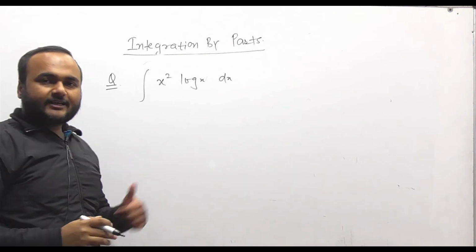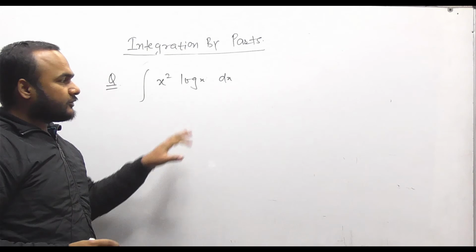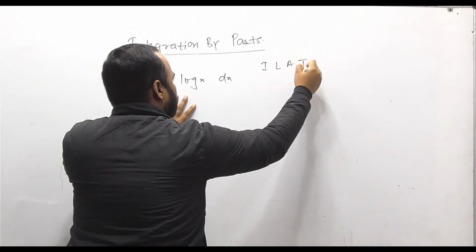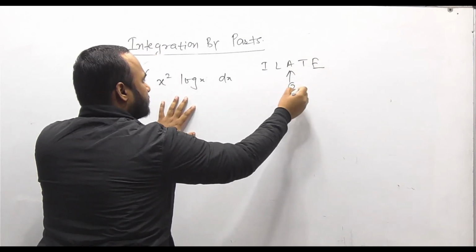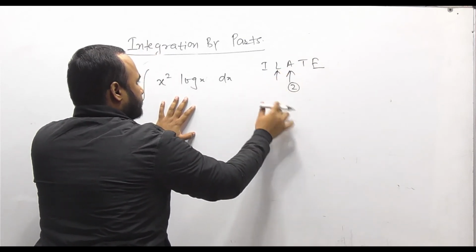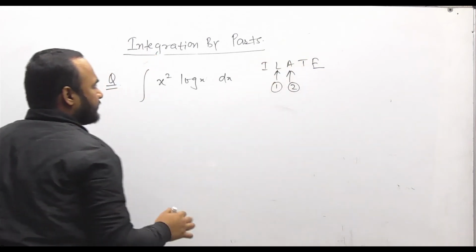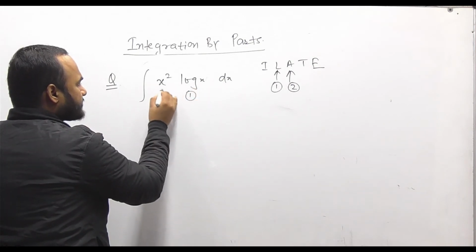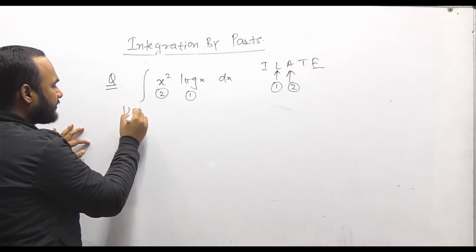Okay students, let's take another example, which is x square into log x. We have to integrate this function. Again, if we use the Euler principle, what does this say? That the algebraic function will come later than the log function. The order of preference is that the log function comes first, then the algebraic function. So here we consider log x as the first function and x square as the second function, according to which we will apply the by parts formula.